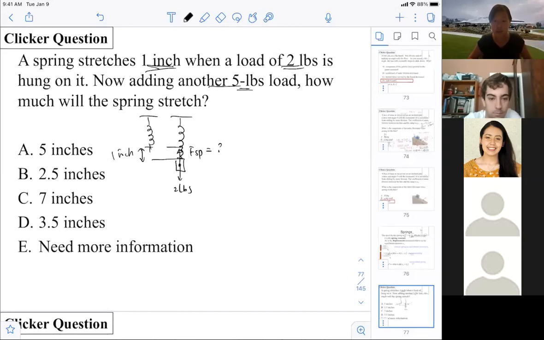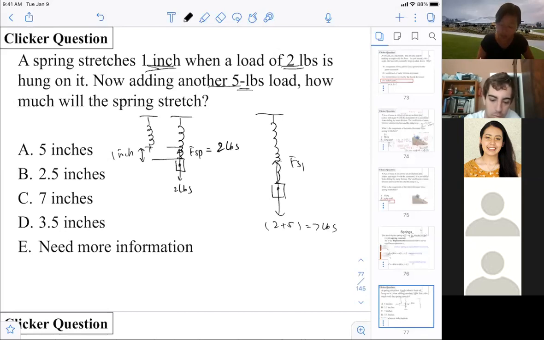Yes, 2 pounds, very good. Okay, now let's put 5 more on it and it becomes like this. This is 2 plus 5, 7 pounds. And now I have another spring force and that is 7, very good.